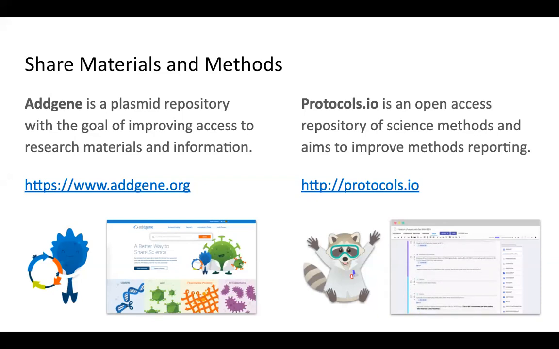And protocols.io is a nice platform that supports the creation and sharing of these research methods. And both materials and methods records can be attached and linked to your research article. And this provides the full context of that project.